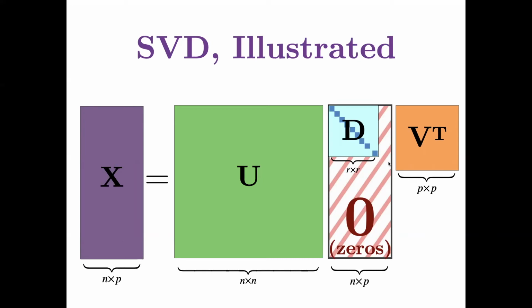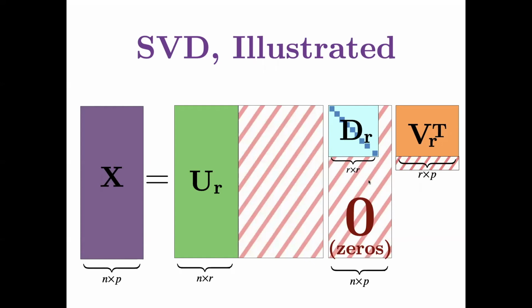Now, when I write it this way, these zeros that are padded in this tall rectangular matrix, when I multiply this all out, these zeros are actually just going to completely eliminate the bottom rows of V, leaving V_R. And these zeros, when I pick up this matrix and pull it over here and pull it down, are going to eliminate the right half of the matrix U. So everything that's got red stripes here goes away because of all those zeros.